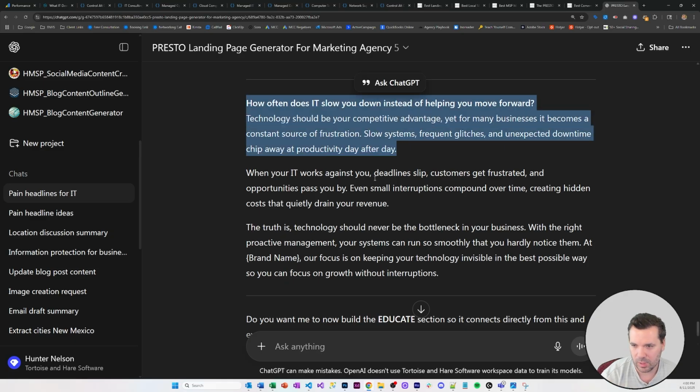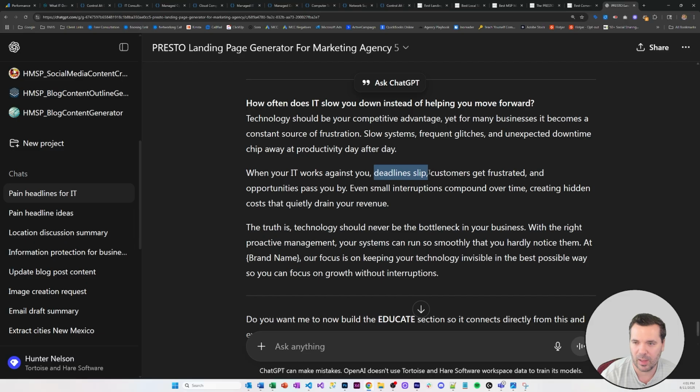It stays focused on more business owner type problems, like deadlines slipping. That's a more tangible thing that a business owner can grasp rather than system downtime and stuff like that. And costs that quietly drain your revenue. Again, business owner focus. So that's good. And then we've positioned the brand name as a potential solution.